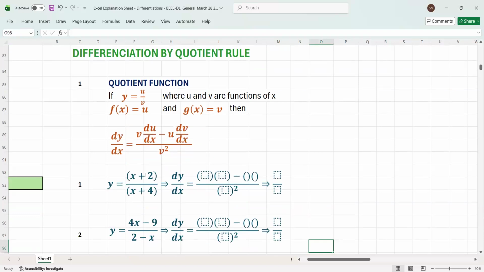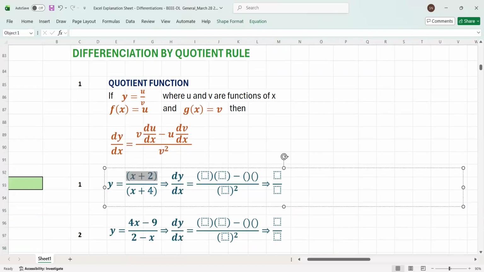I have a very simple example here. My numerator is x plus 2. My denominator is x plus 4. So remember the rule. I'm going to keep the denominator constant. So x plus 4, I'm leaving it constant, and I differentiate the numerator. The numerator, the only variable of x is this x value. And if you differentiate x, you get 1, because the power is 1. 1 minus 1 will give you 0.